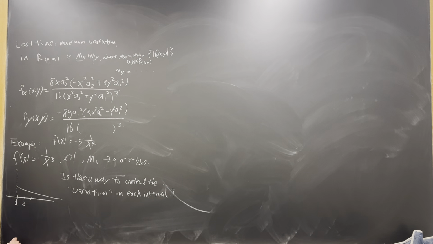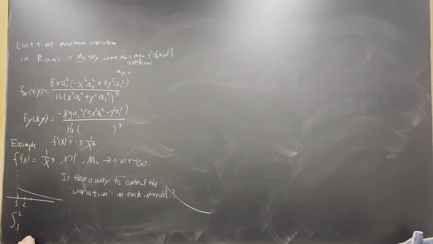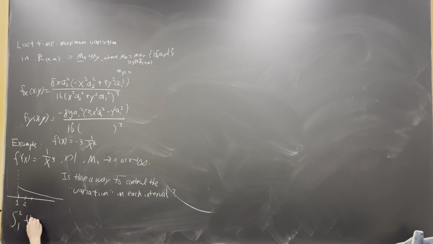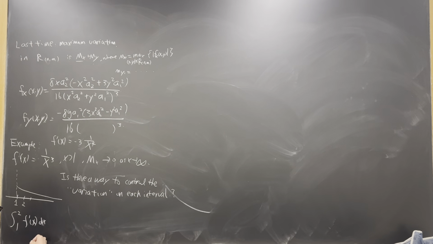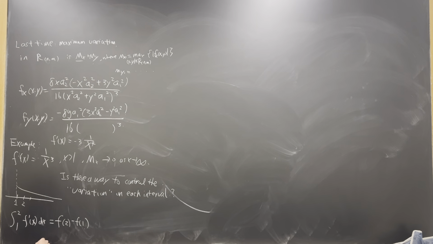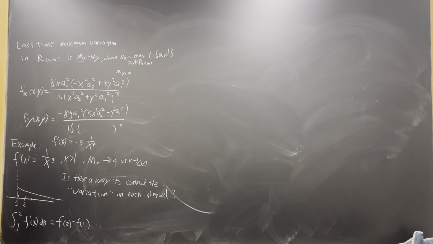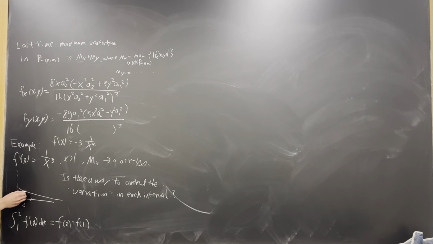I know that if I integrate from 1 to 2, by the fundamental theorem of calculus, the integral of f prime x dx gives me f of 2 minus f of 1.